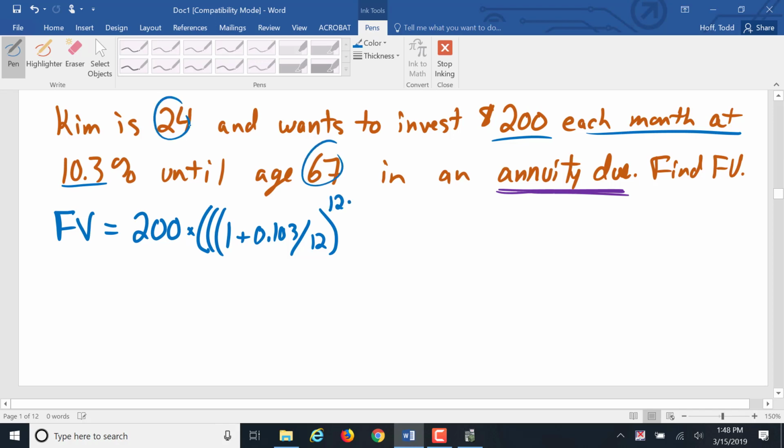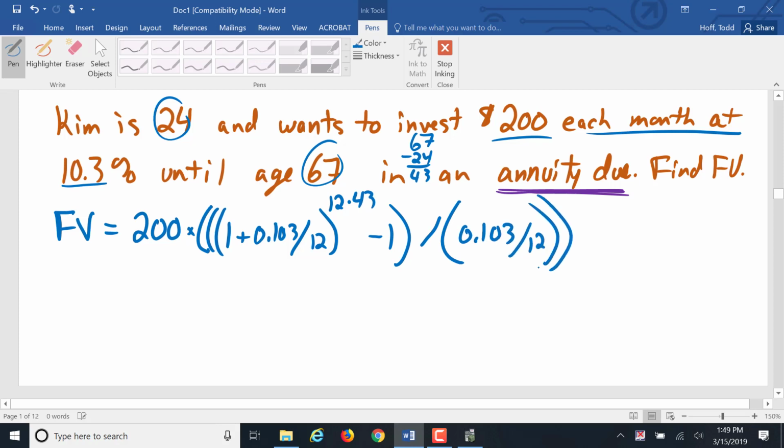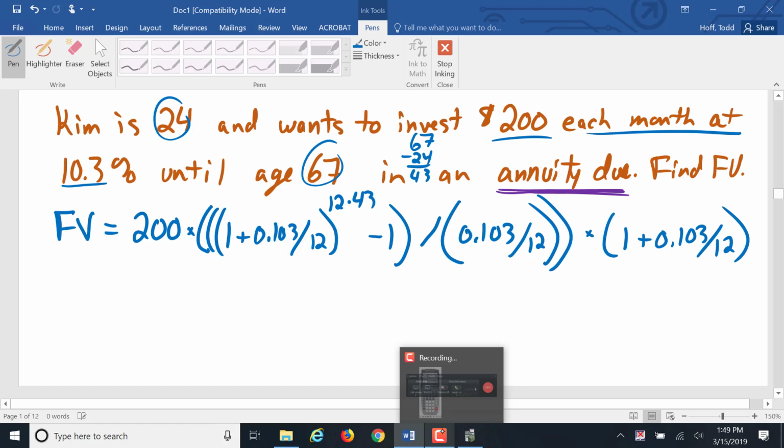We have 67 and 24. 67 minus 24 gives us 43 years. Then minus 1, close parentheses, divided by, open parentheses, our rate of 0.103 divided by n of 12. Close the parentheses and close them again. And now we have to multiply by that correction factor, that one period's worth of interest, which is 1 plus r, 0.103, divided by n, 12.